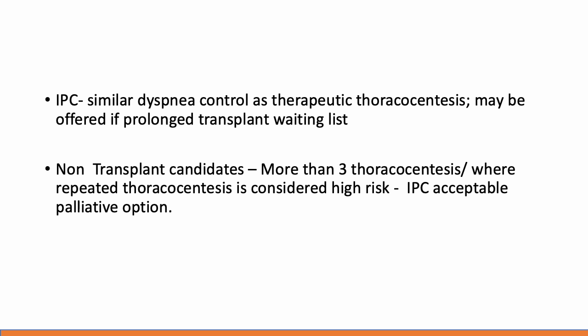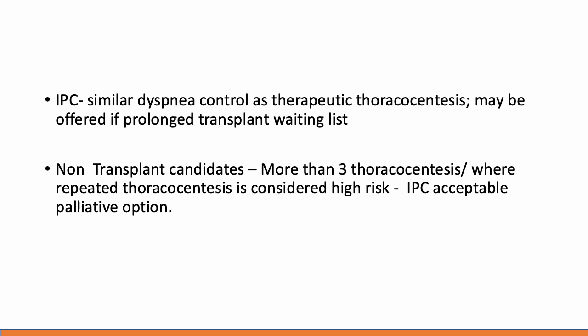So, what they say is that one, you can do therapeutic thoracentesis, two, you can use IPCs. You can also use indwelling pleural catheters in this group of patients. This is the major non-malignant indication of doing an IPC, and that gives you similar dyspnea control. So you can offer it if your waiting list for a transplant is high. Till then, the patient can be on IPC.